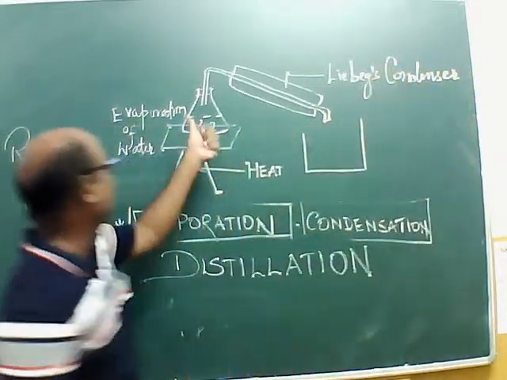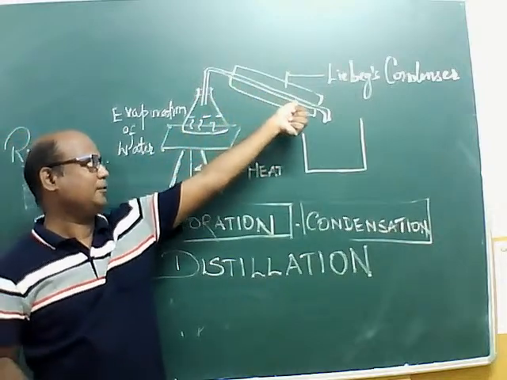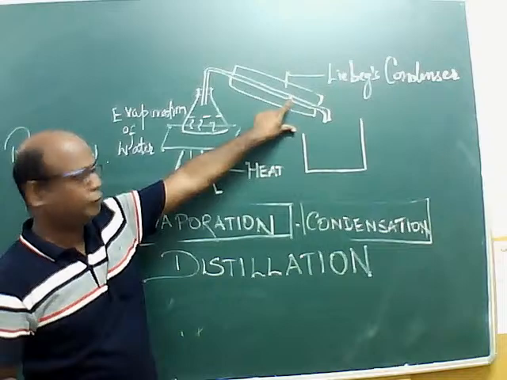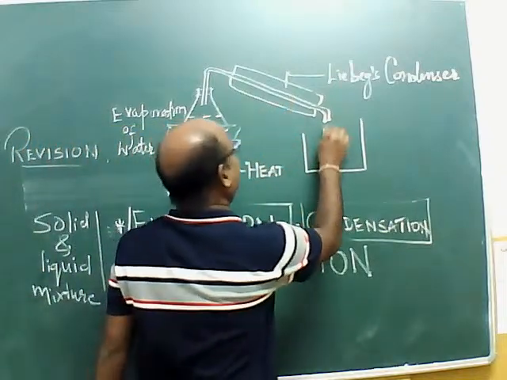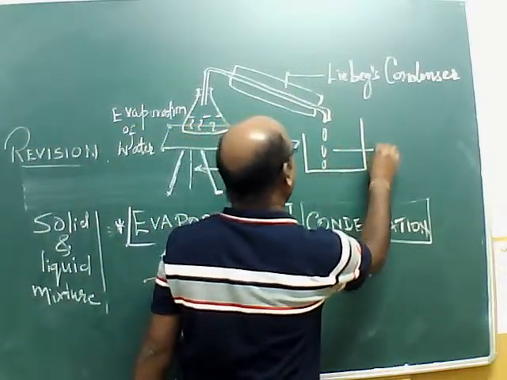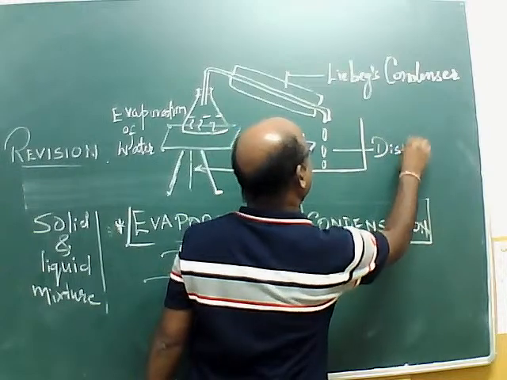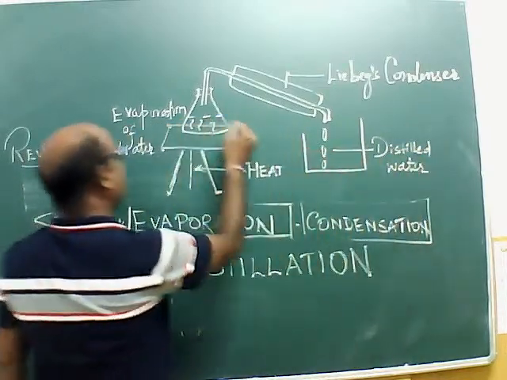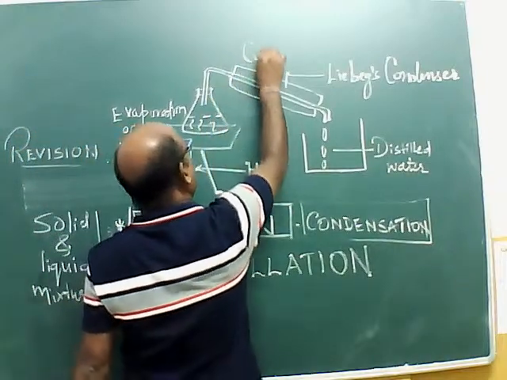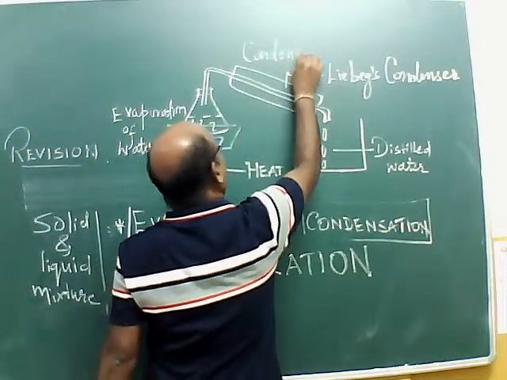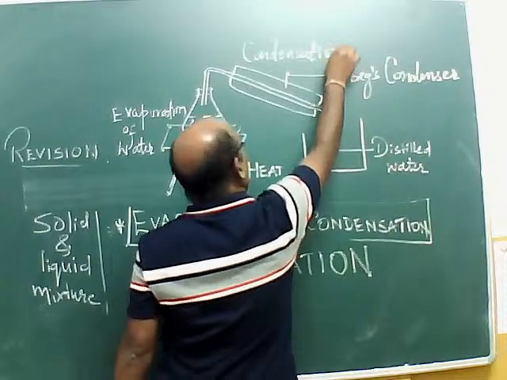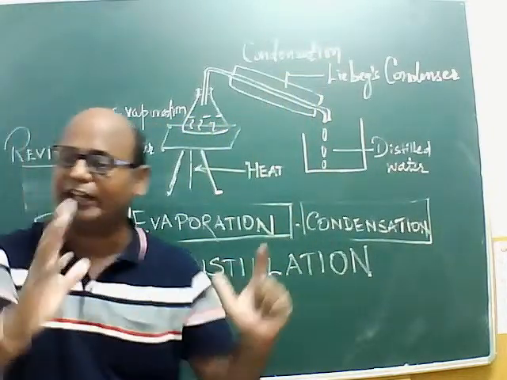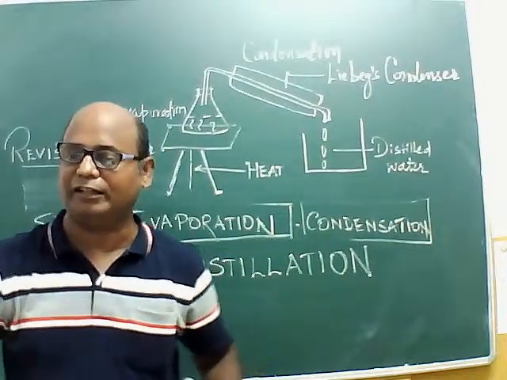When this water vapor is passing through the Liebig's condenser, it is very cold, so water vapor will convert into water droplets, and here we will get distilled water. This process that takes place here is condensation.